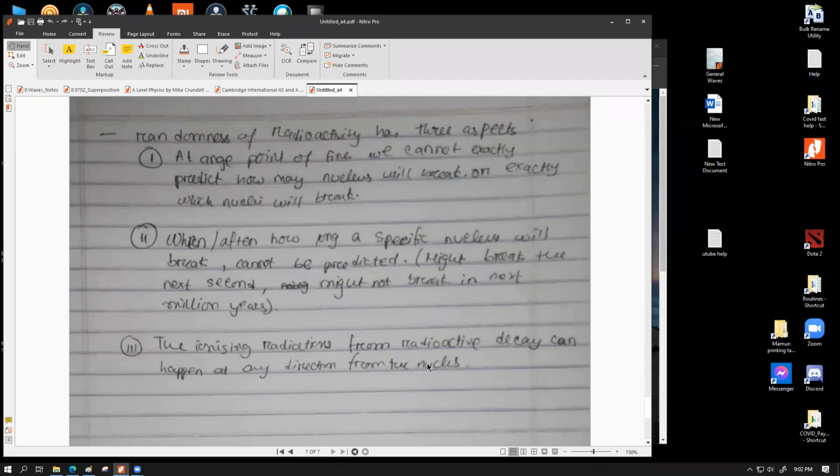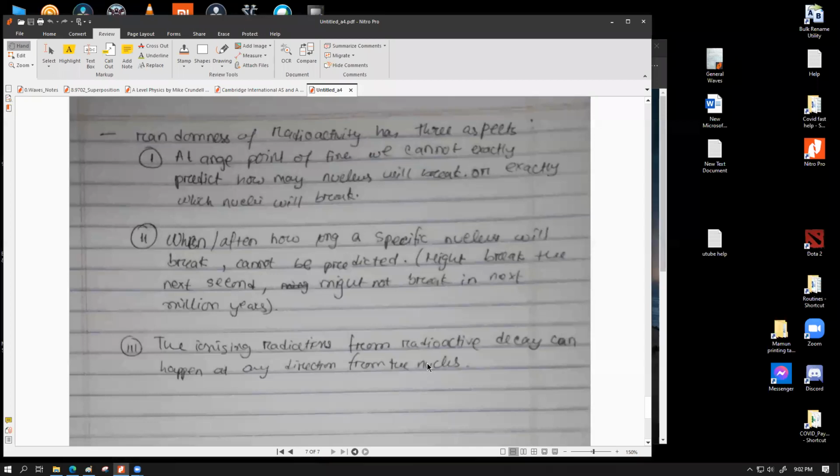Now pay attention to number 1. Number 1 says that at any point of time, we cannot exactly predict how many nuclei will break or exactly which nuclei will break. Let me tell you what it means. Let's say you have a radioactive isotope lump of 1000 undecayed nuclei.